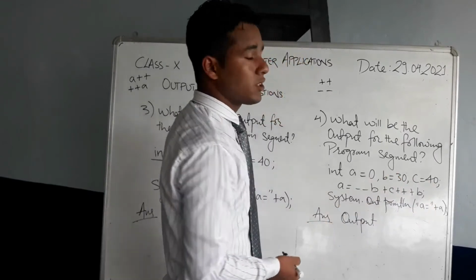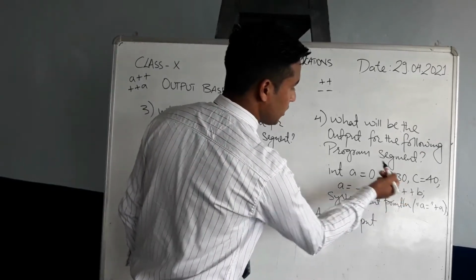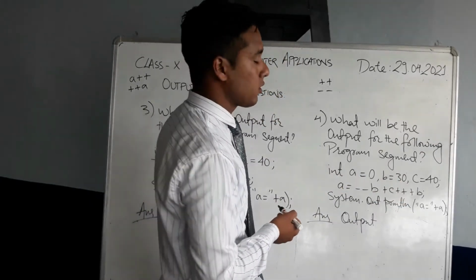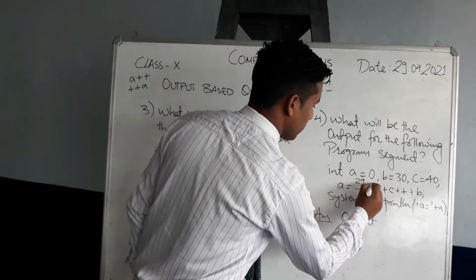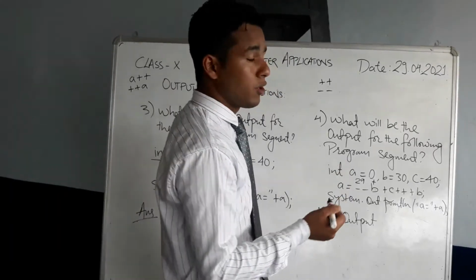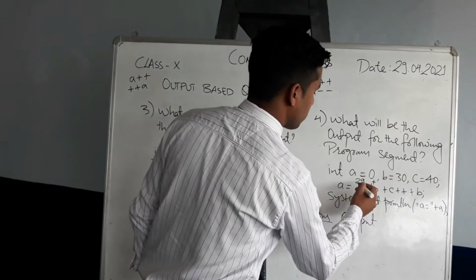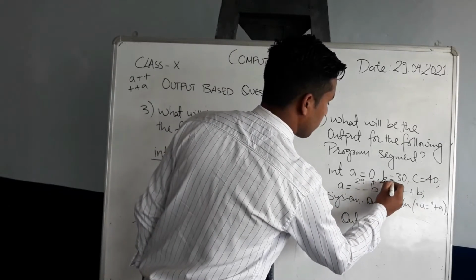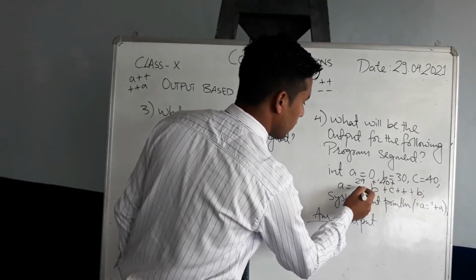So let us utilize the values mentioned for these variables. The initial value of b given in the question is 30. So 30 minus 1 is 29, plus c++. Again postfix has been used, so the value remains the same. The value given for variable c is 40. So 29 plus 40 plus b. What is the value that we have got for b?